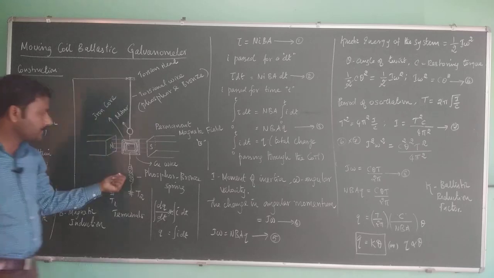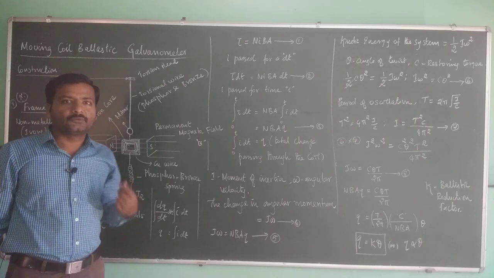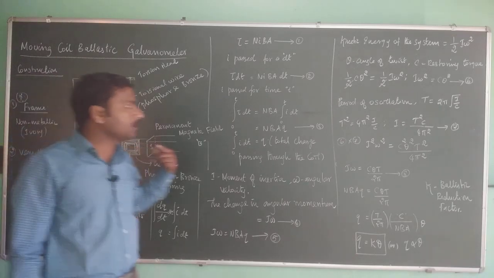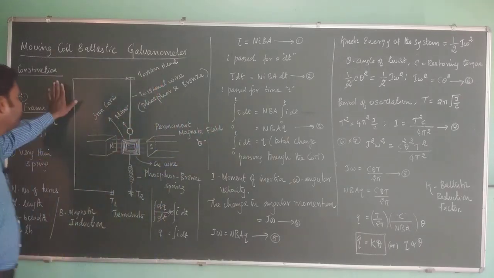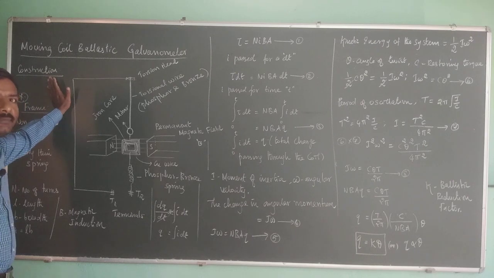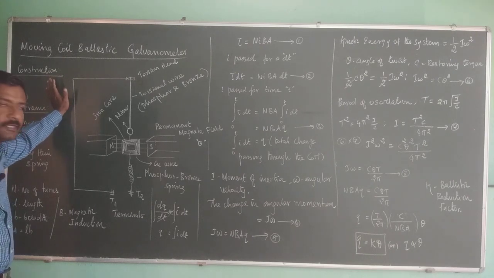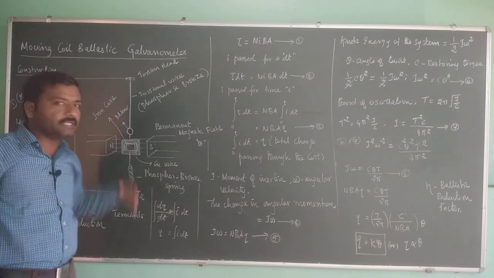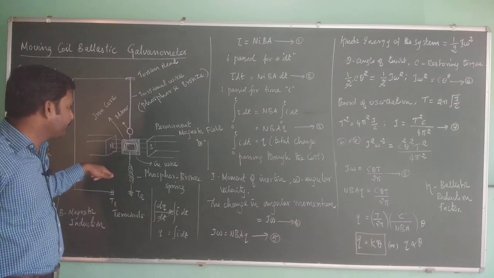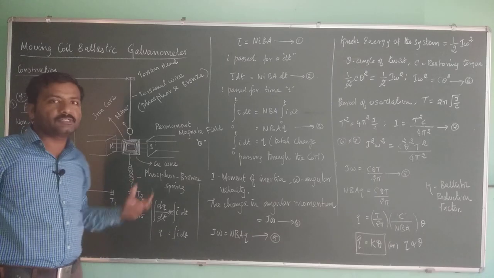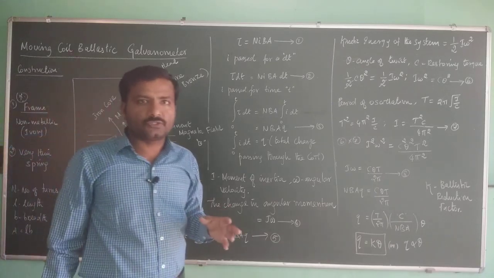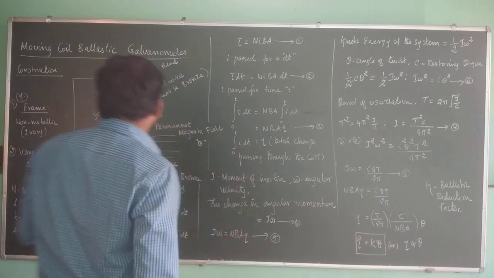Another thing is, this spring is hair thin, very small, whereas that spring is a little harder. And in the moving coil galvanometer, we measured the steady state current passing through it, while here the current is passed for a momentary time, and what we measure is the total charge.